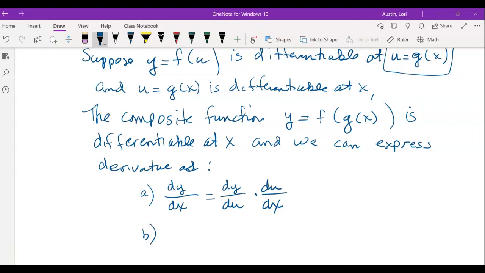The other notation is using your f's and g's. d dx of f of g of x equals f prime of g of x times g prime of x.